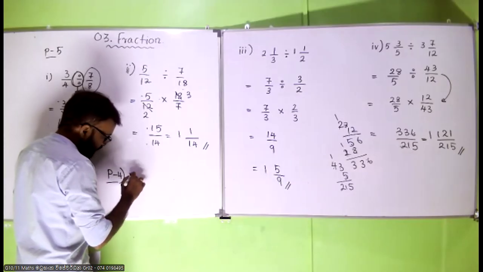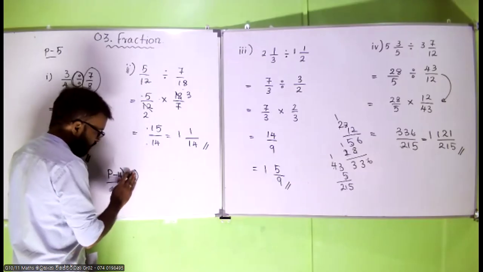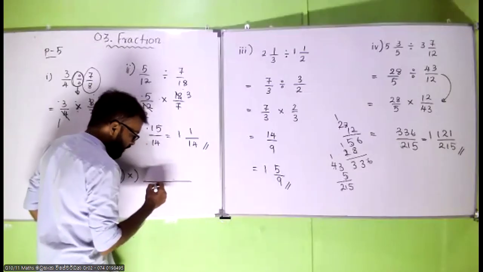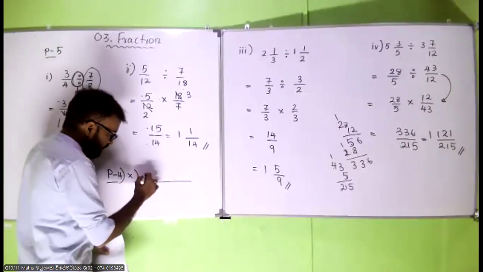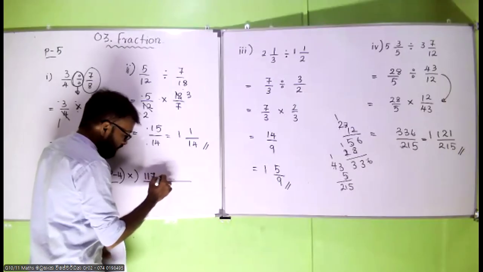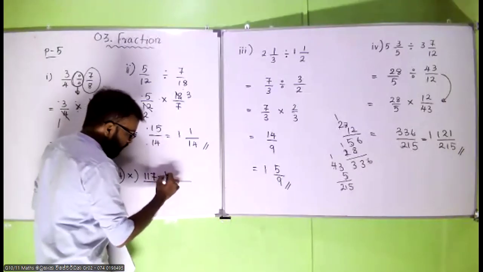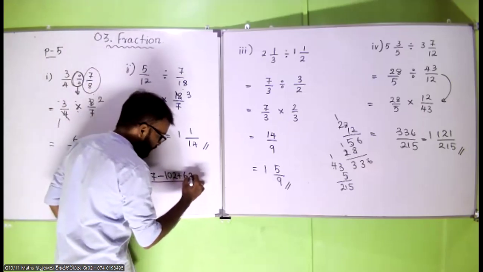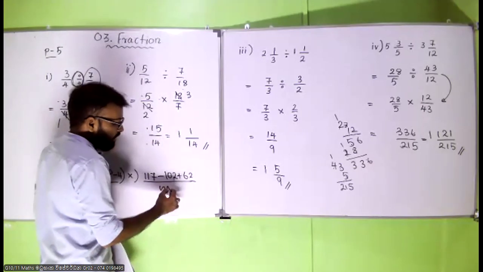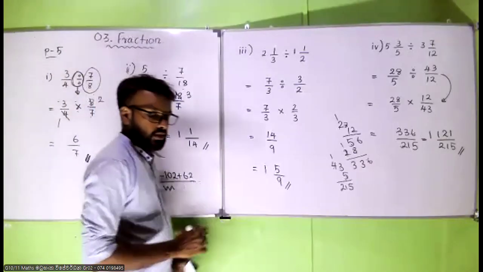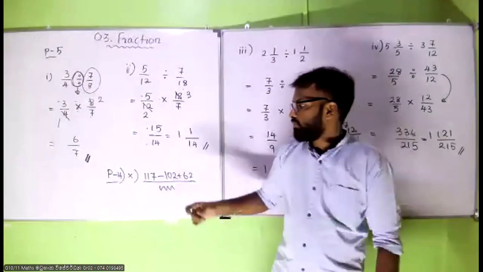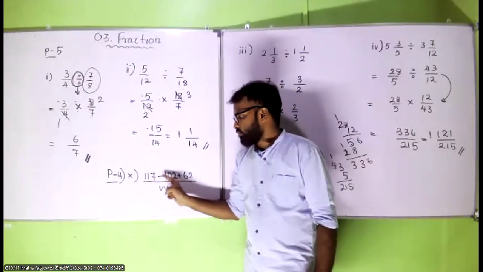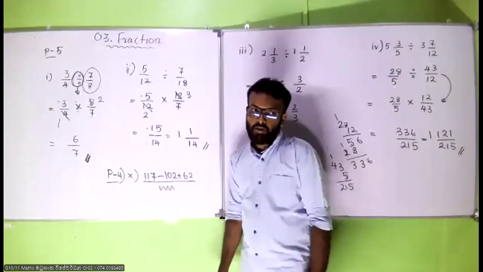The finally the denominators that we had there is 117 minus 102 plus 62. Whatever the denominator, it doesn't matter. So why are we applying BODMAS here? We have to just subtract these two numbers and add a final number.